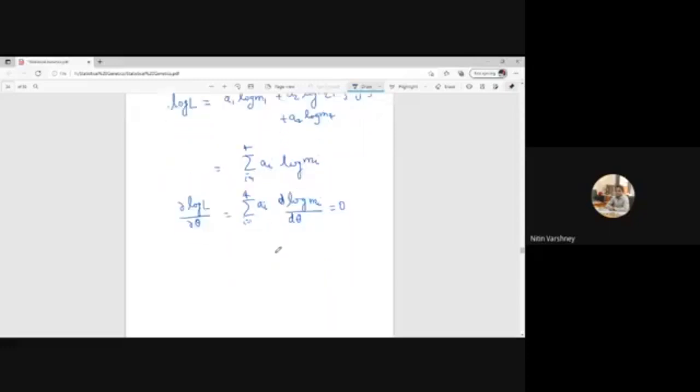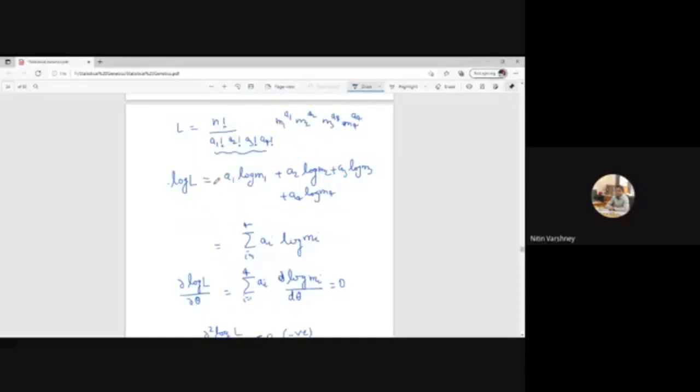And its second derivative should be negative, less than 0, for the maximum. Now this is the log likelihood method we have taken.